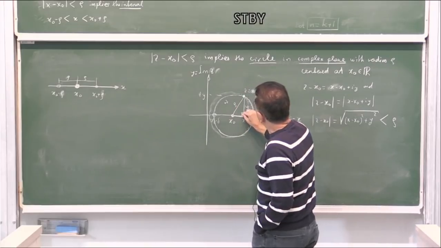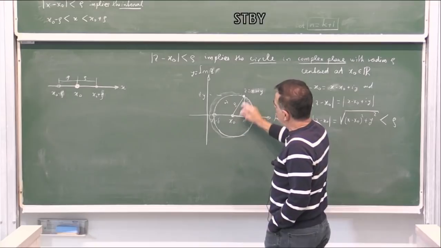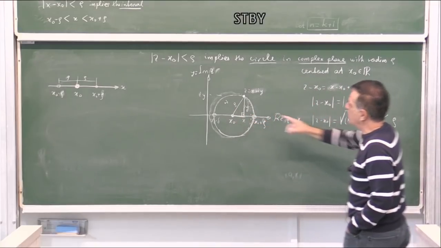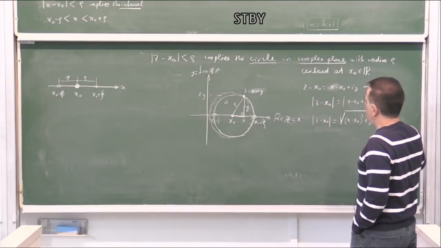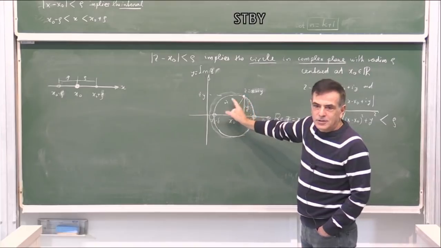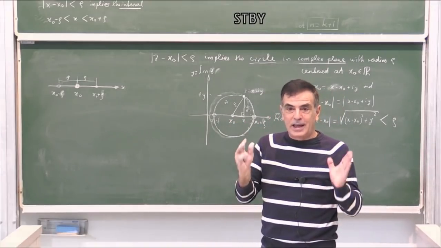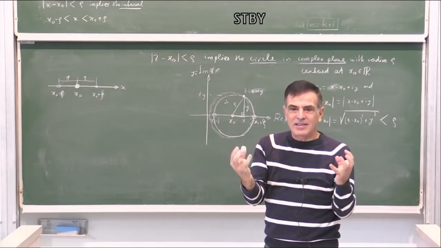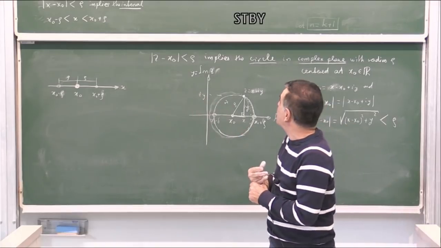So you can consider this right triangle. So (x minus x0) squared plus y squared, from the Pythagorean theorem, must be smaller than rho squared. Okay? So we see that rho is actually a radius when we extend the real numbers to the complex numbers.